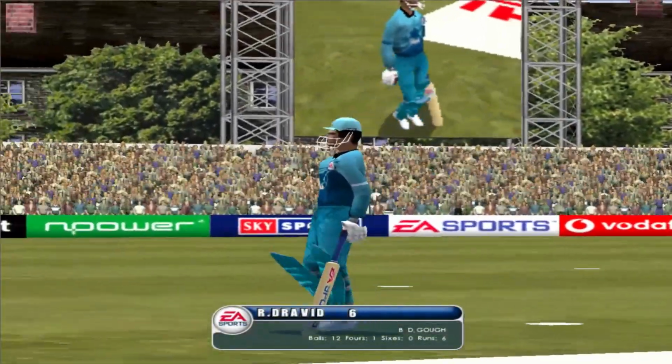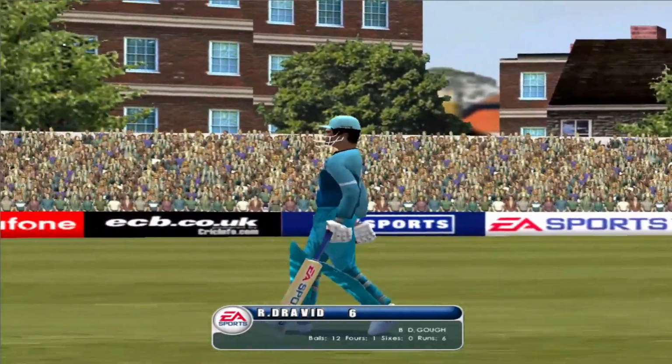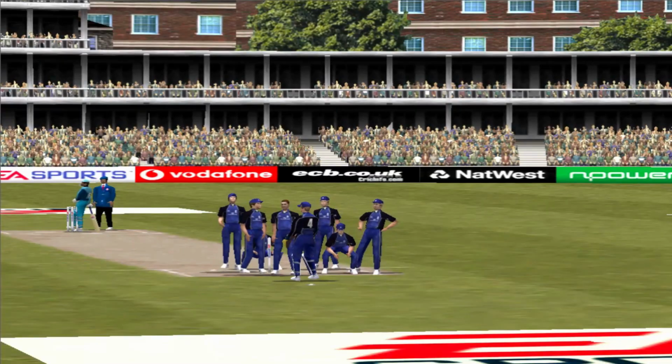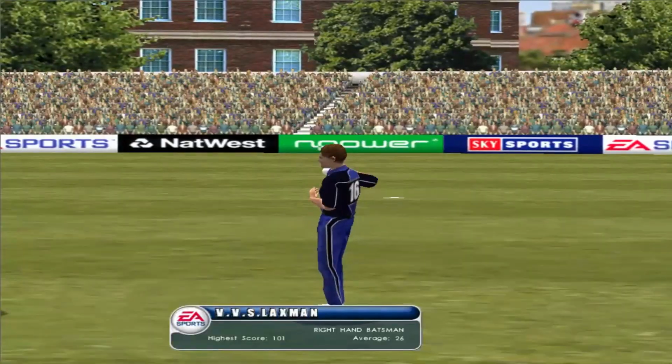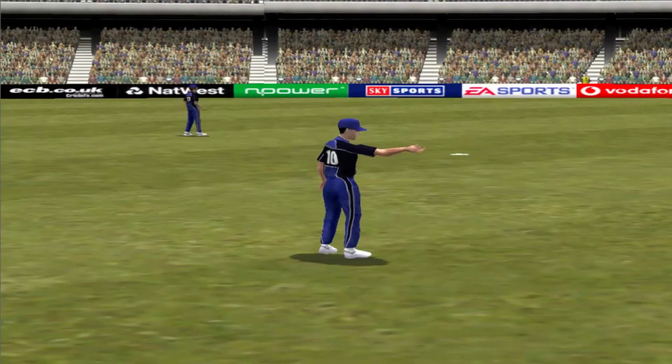So then, that's the end of Dravid. Laxman is the next man in. Goff takes the first wicket of the innings.